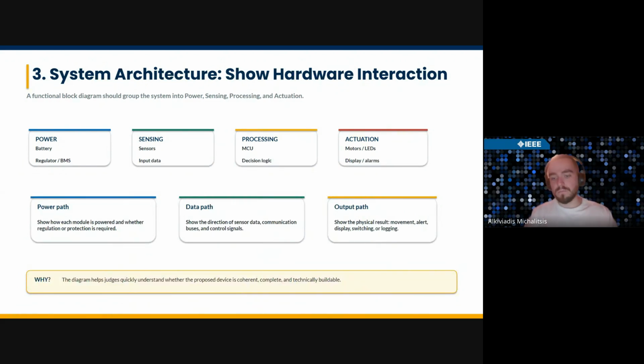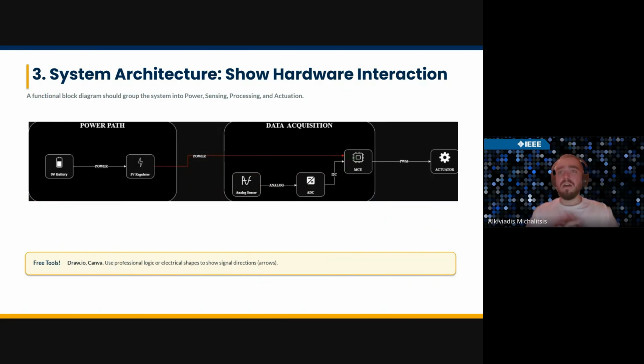Once again, but this time on the logic part. A good thing you can use is some kind of online block diagram software to implement your block diagram logic or the flowchart of your system's logic.